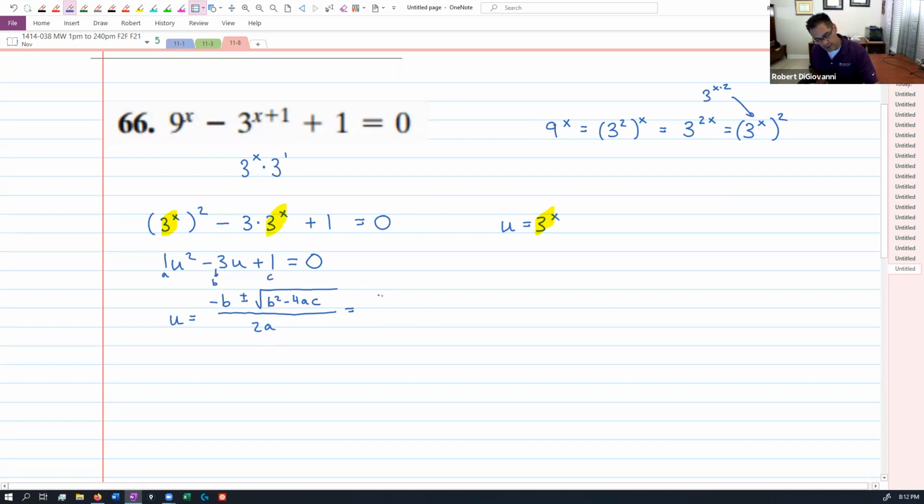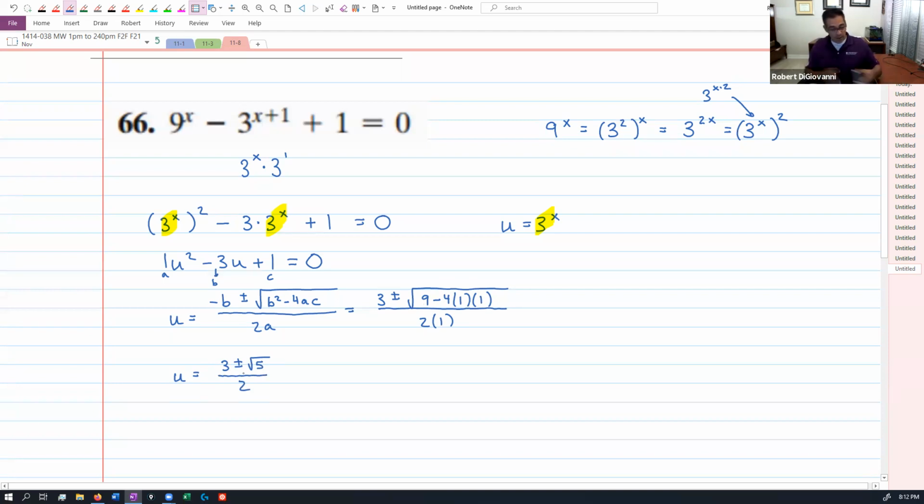So we should get 3 plus or minus the square root of, b is negative 3, right? So we're squaring it, we get 9 minus 4 times a, which is 1, times c, which is 1, all over 2 times a, which is 1. So we get our solutions are u is 3 plus or minus, let's see, that's 9 minus 4 in there. So 3 plus or minus root 5 over 2.